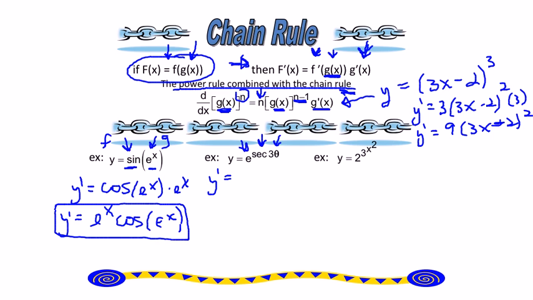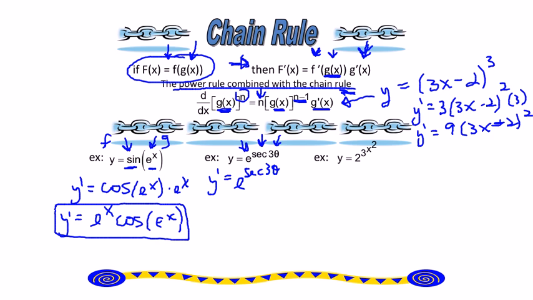So let's take the derivative of this. We want to take the derivative of the outside, which is e. We know that e to the x, or I would say e to the box, the derivative of e to the box is e to the box times the derivative of the box. So the derivative of e to secant 3 theta is e to secant 3 theta times the derivative of secant 3 theta.